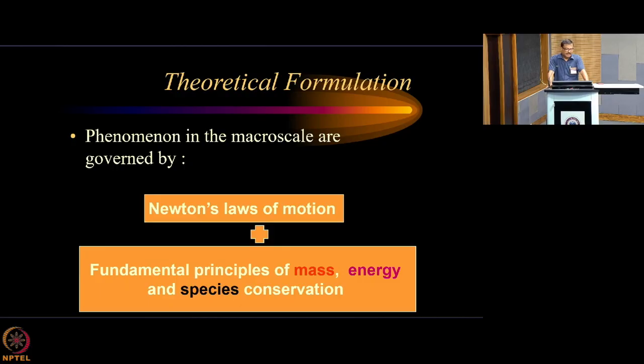The other thing that is universally applicable is Maxwell's equations. In our previous classes, in all the theories, if you go deep you will see that we have done nothing but apply these two things, and we have finally got the conservation equations: mass conservation, momentum conservation, species conservation, and energy conservation.